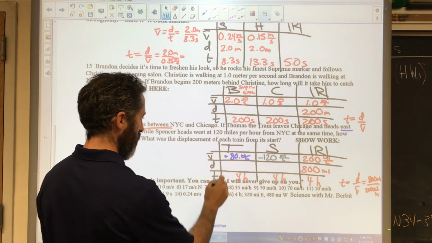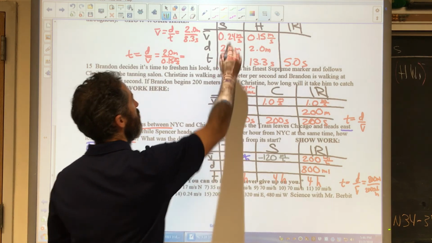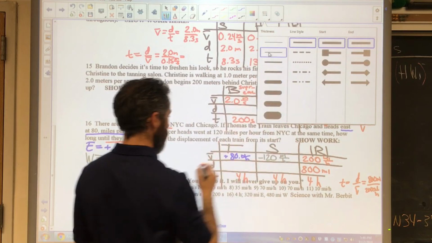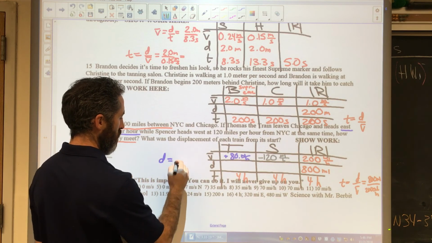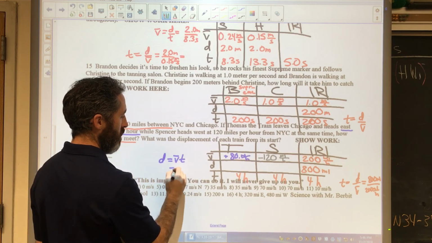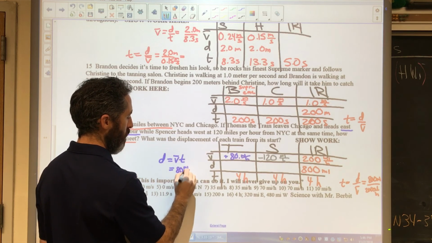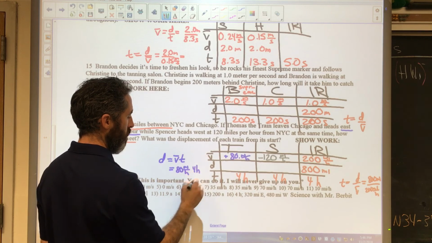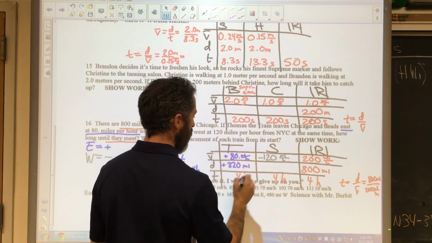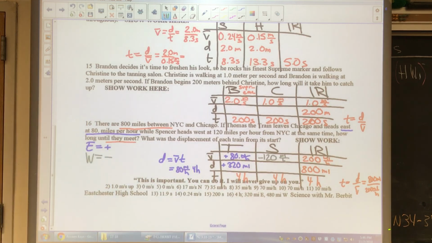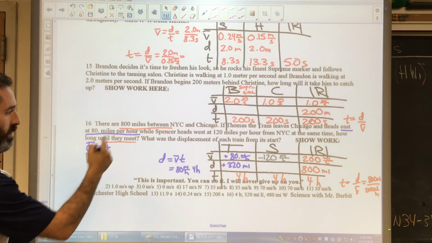Now, we need to figure out D for Thomas, which we'll do in Thomas's blue. D is V bar times T, which is 80 miles per hour times 4 hours, and that gives you positive 320 miles. That means Thomas is 320 miles east of Chicago.